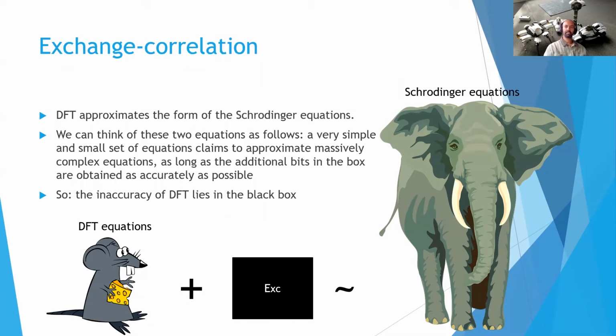A big part of what DFT researchers do, ever since DFT was introduced to the world by Hohenberg and Kohn, is that a large amount of research and time have been invested into finding good black boxes, black boxes that can actually make this mouse as smart or as accurate as the elephant.